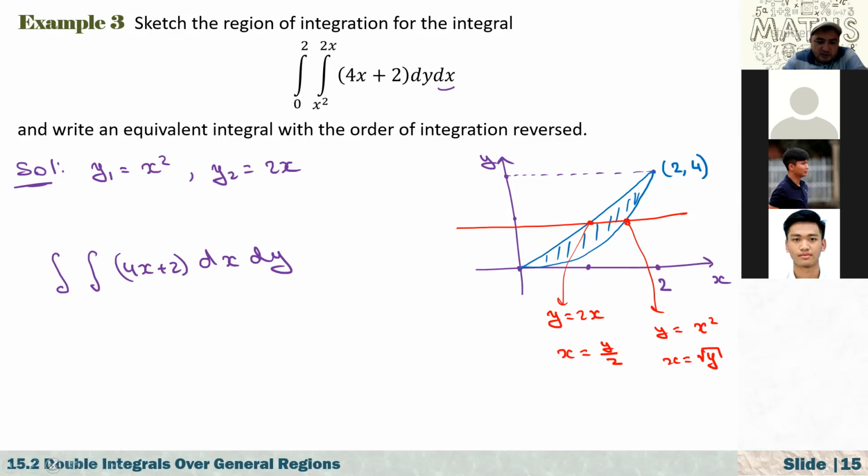So now you can just write the limits. y is changing from 0 to 4, and x is changing from y over 2 to square root of y. Okay. And actually, these two integrals give us the same result, a. This is how we change the order of integration.